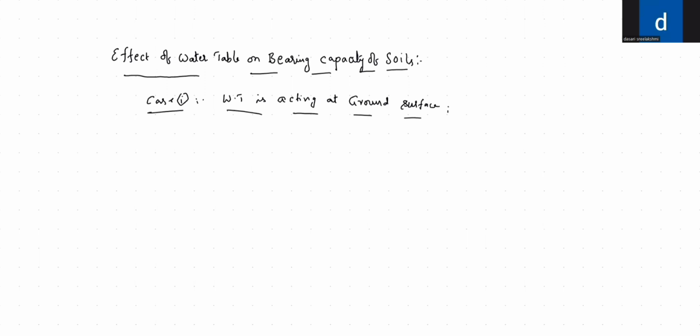Suppose we take a strip footing. Suppose this is a footing. This is a column, and this is the load coming onto the column.